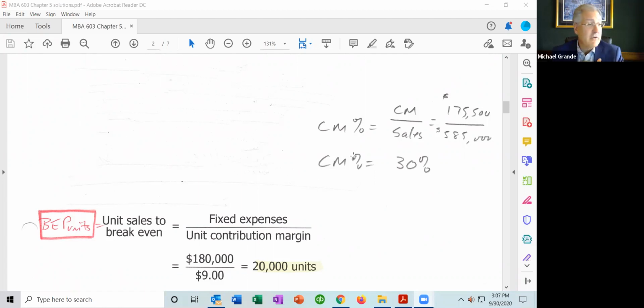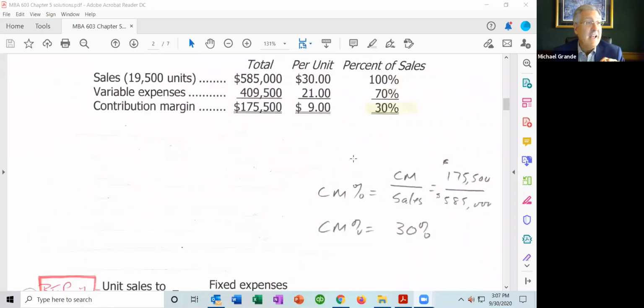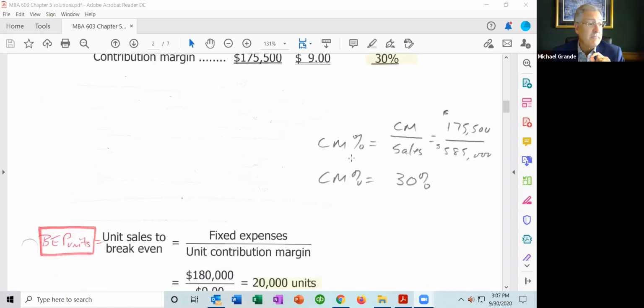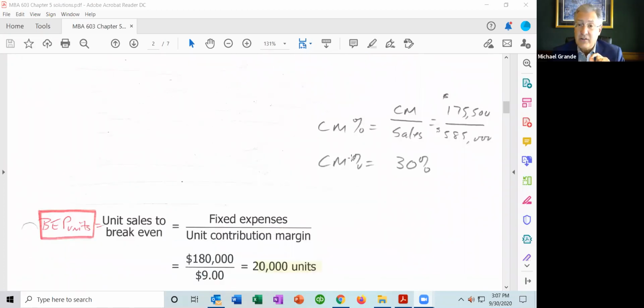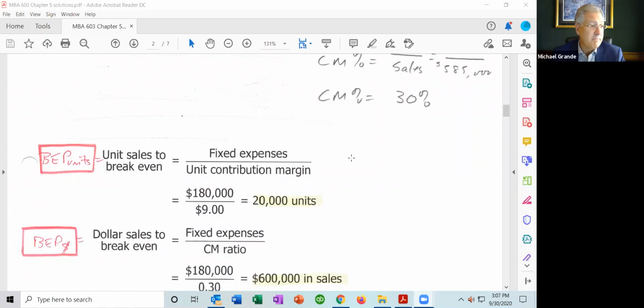We're also asking you to come up with break-even point in sales dollars. But before we look at the formula, if you know the number of units to break even, and you know the sales price per unit, can't you calculate break-even point in sales dollars, number of units times sales price per unit?